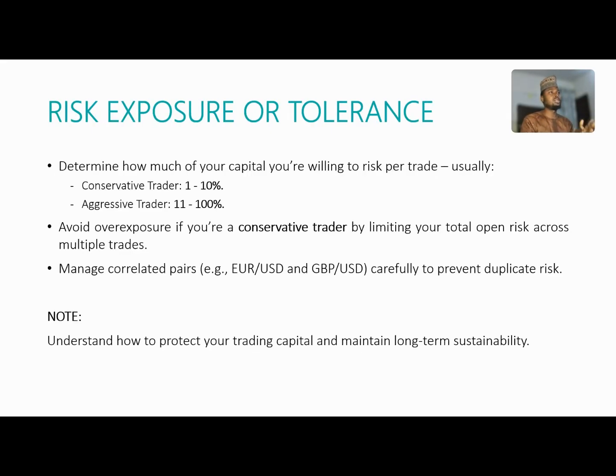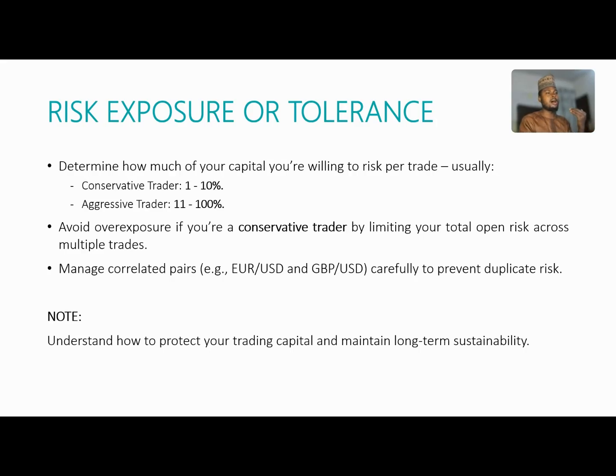So let's start with risk exposure, or risk tolerance. Risk exposure is the amount of money that you are going to risk per trade. It determines how much of your capital you are willing to risk per trade.